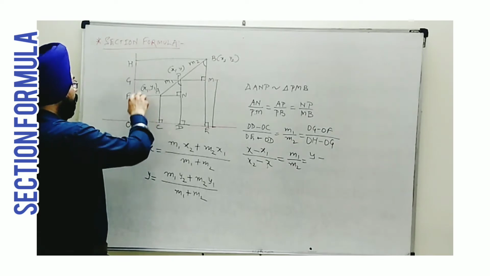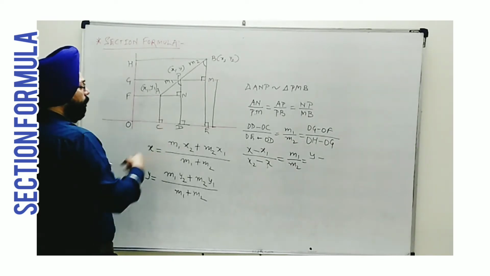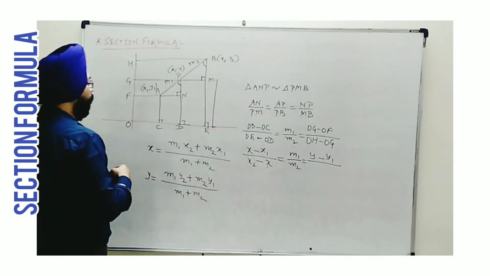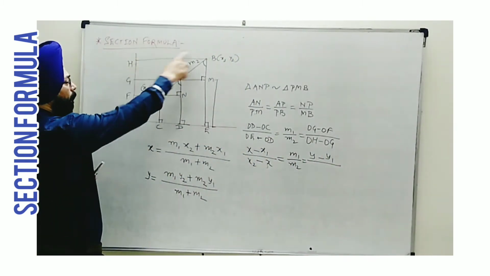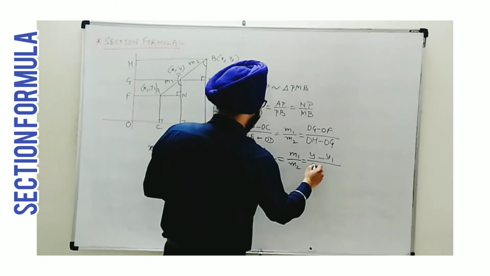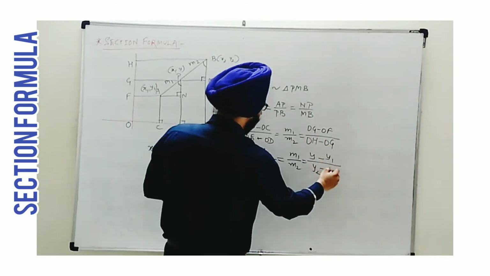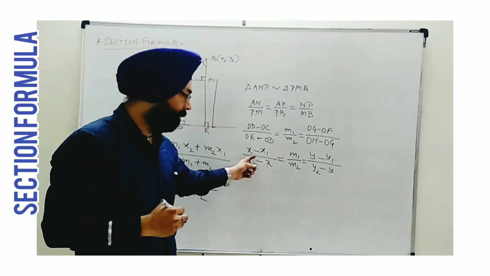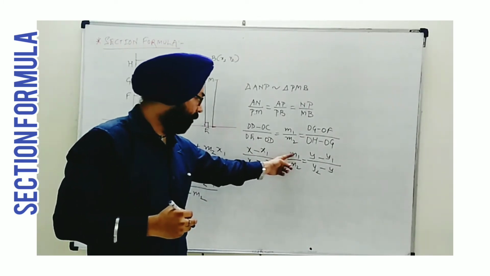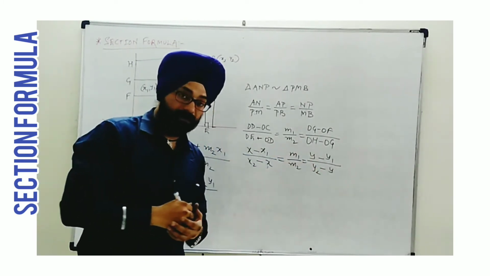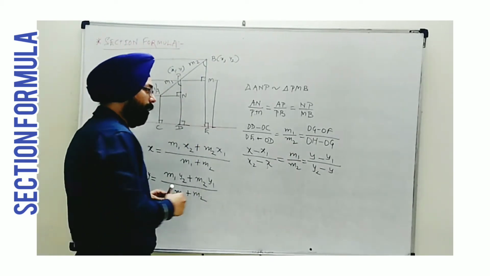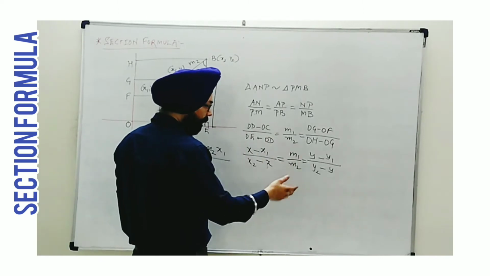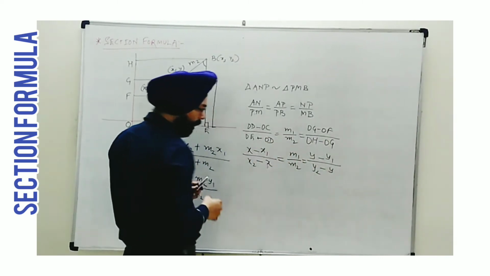We can see this OF is equal to the ordinate of A, which is Y1. OH is equal to the ordinate of B, Y2. And OG we have already taken as Y. This way you can see one ratio contains X, another ratio contains M1 and M2, and the next ratio contains Y. So one by one we will take X equal to M first. After that we will take the ratio of Y equal to M1 and M2.